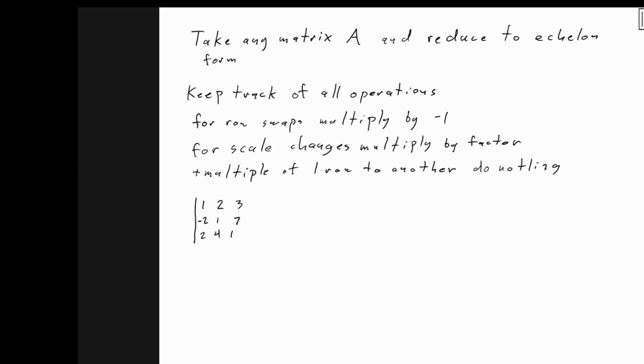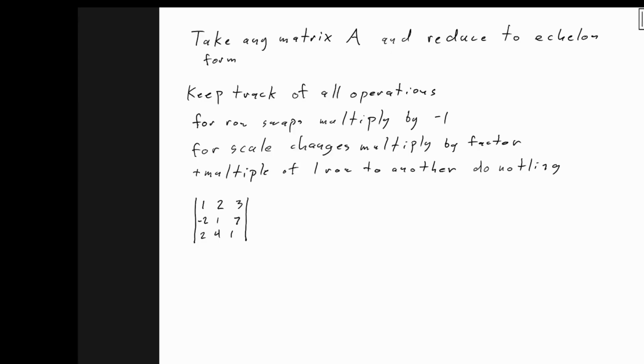So to calculate this determinant, all I'm going to do is get this into row echelon form. I don't even need to reduce it to where the diagonals are all 1s. We're just going to go into echelon form.